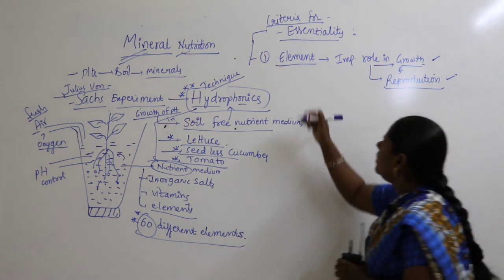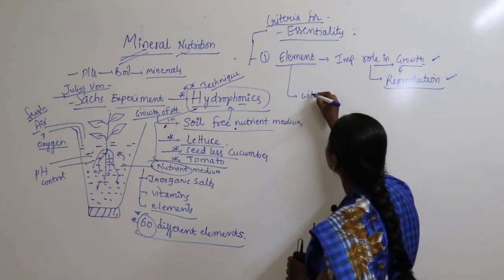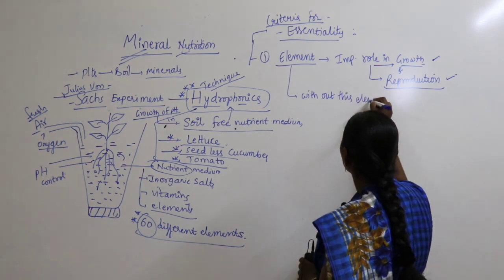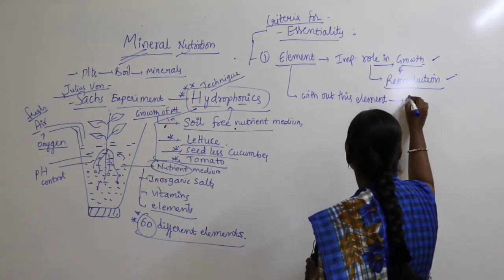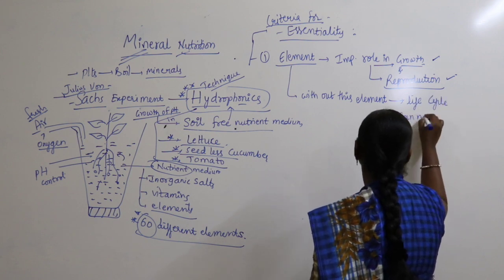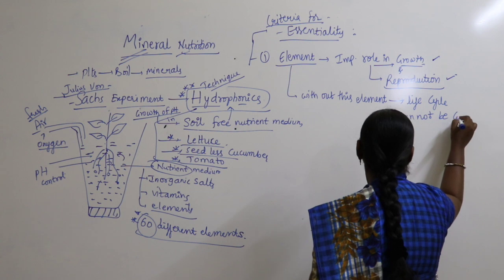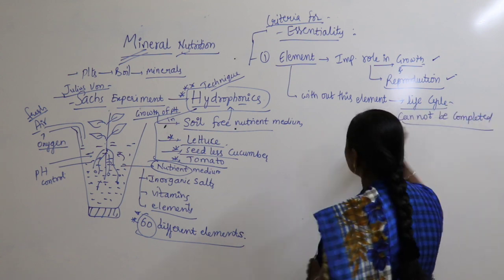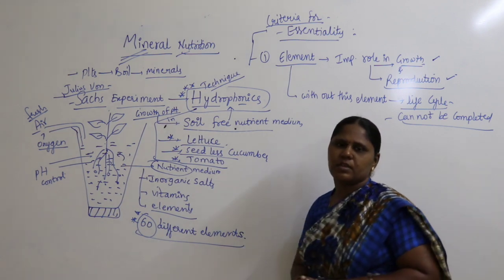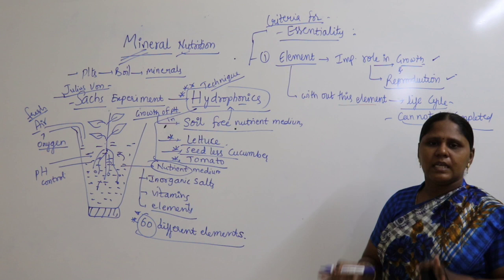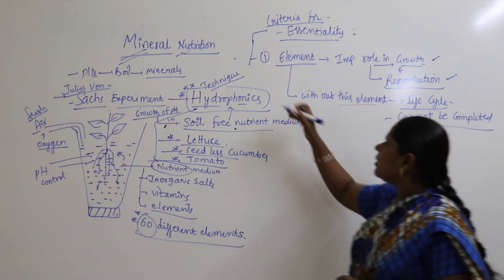That means without this element, the life cycle cannot be completed. The plant cannot complete its life cycle without this element. Then it is called an essential element.